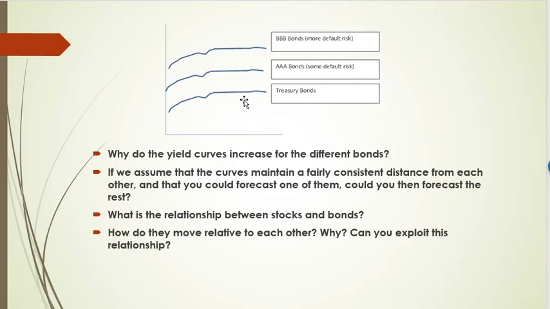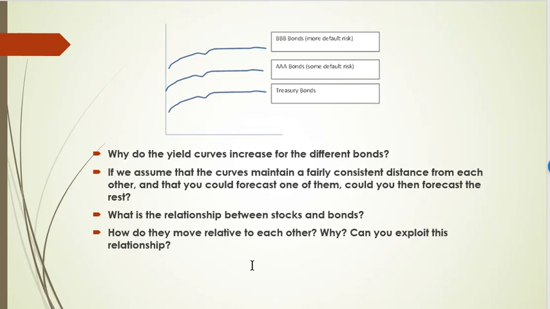So if we can predict this line, it's possible that we could predict what these other lines would be. The relationship between stocks and bonds is that they are opposite of each other. When stocks do well, bonds do poorly, and vice versa.